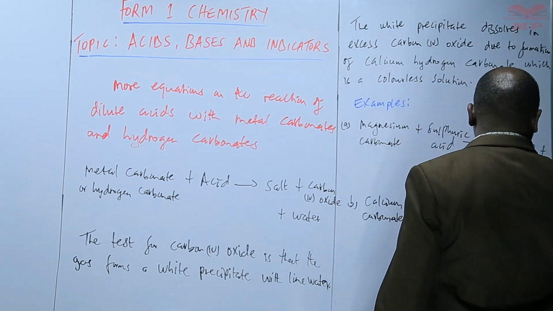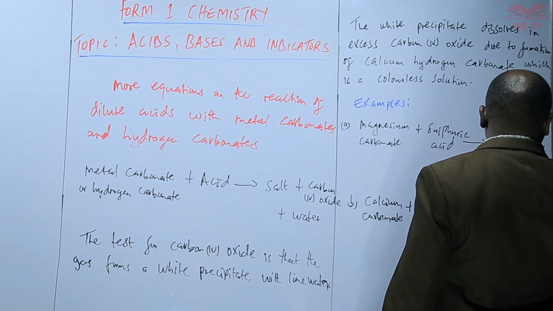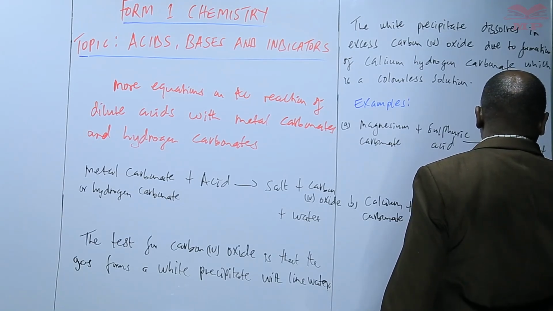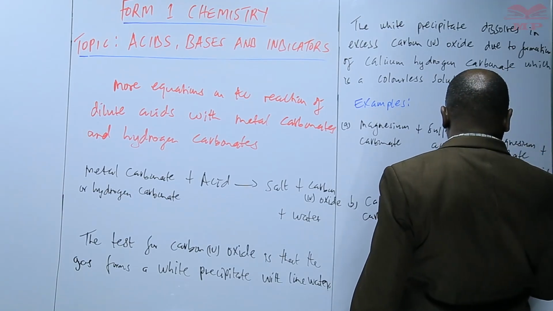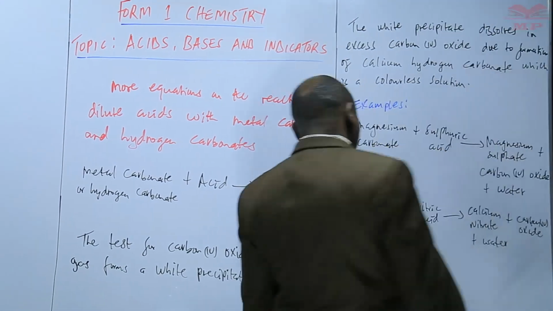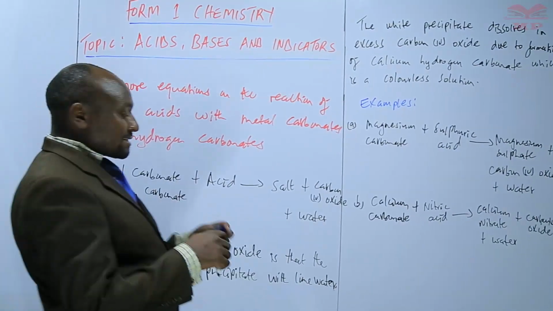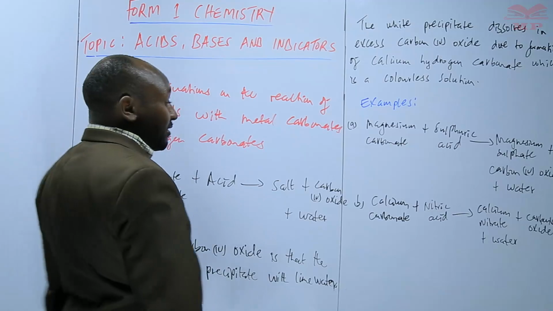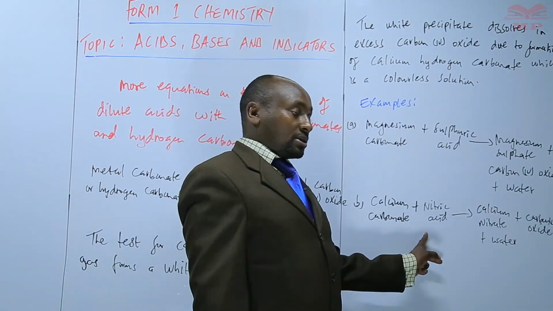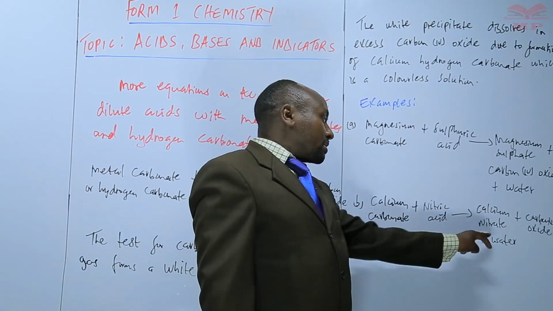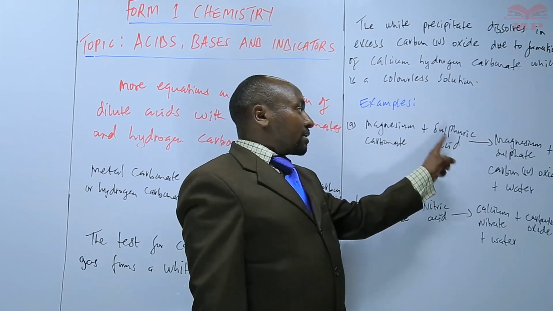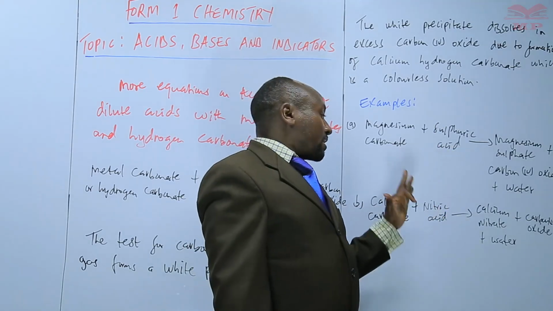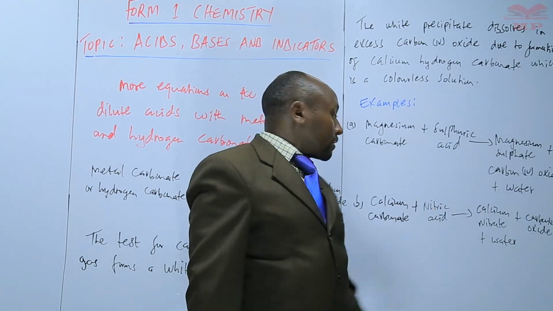Of course, plus carbon 4 oxide, that one must be there, plus water. So that's another equation. The type of acid that we use is the one that determines the type of salt. If it is nitric acid, we get nitrate. If it is sulfuric acid, we get sulfate. If it is hydrochloric acid, we get chloride.